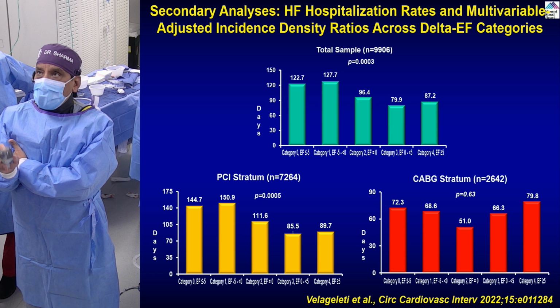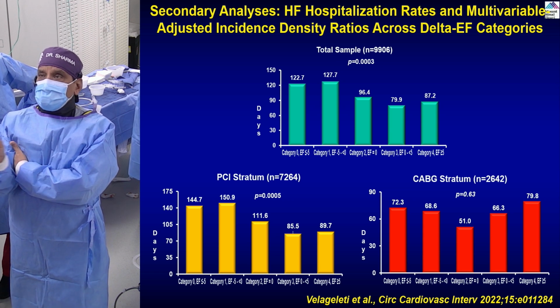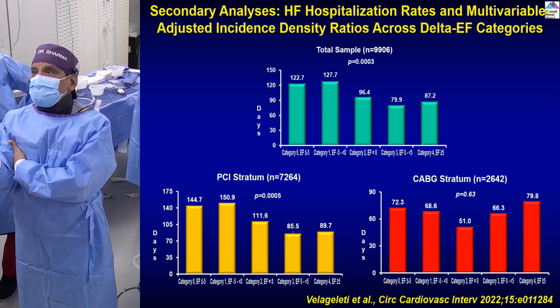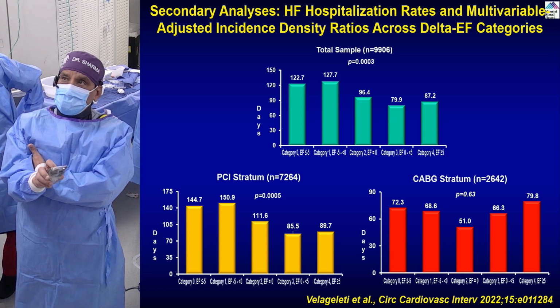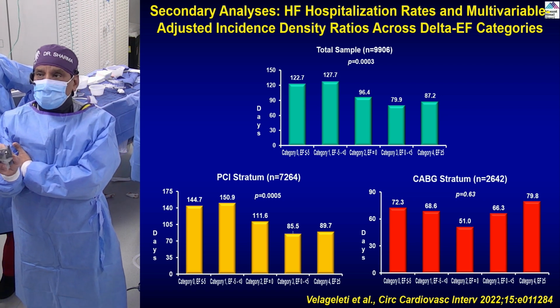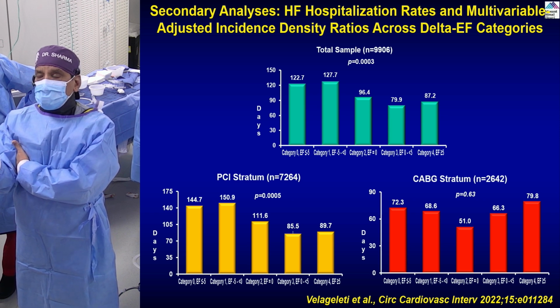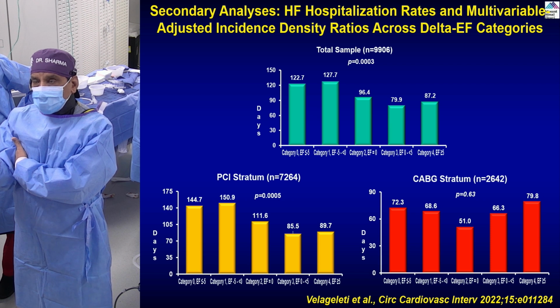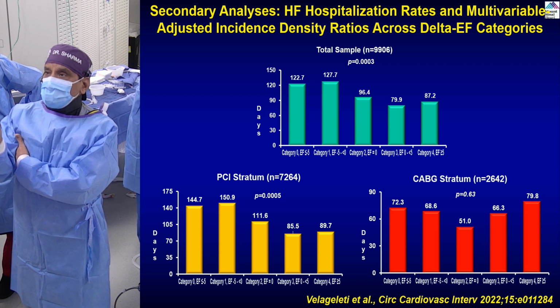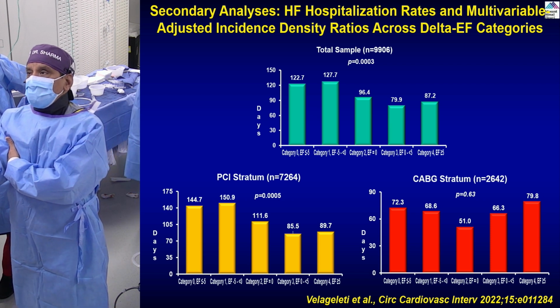Second, heart failure rehospitalization. You can see on the top, increasing ejection fraction, lower heart failure hospitalization. Now PCI, again, increasing EF, the height of the yellow bars, decreasing heart failure hospitalization. You go to the CABG group, there is a very chaotic picture, no difference.